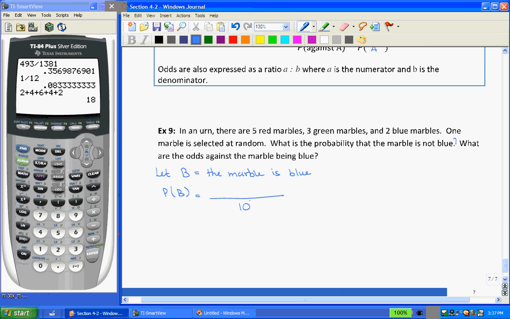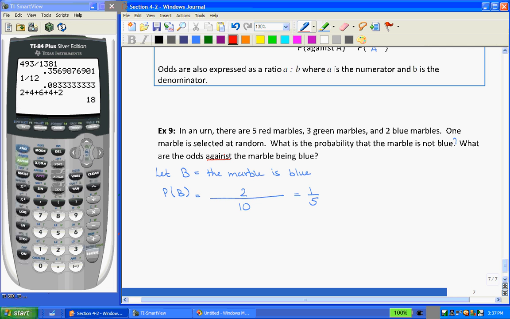I'm interested in the event that I get a blue one. There are two ways to get a blue marble, so that goes on top, and that reduces to 1/5. We're going to leave that as 1/5. Now the second question is, what are the odds against, so that part matters whether we're saying for or against, the odds against the marble being blue.